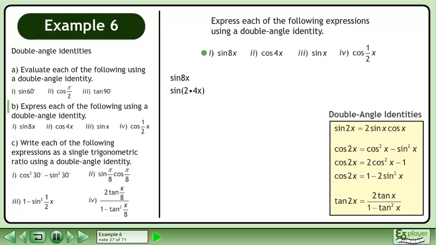Bring up the double angle identities. Use the double angle sine identity. Plug 4x into the right side of the identity. This gives us sine 8x equals 2 sine 4x cos 4x.